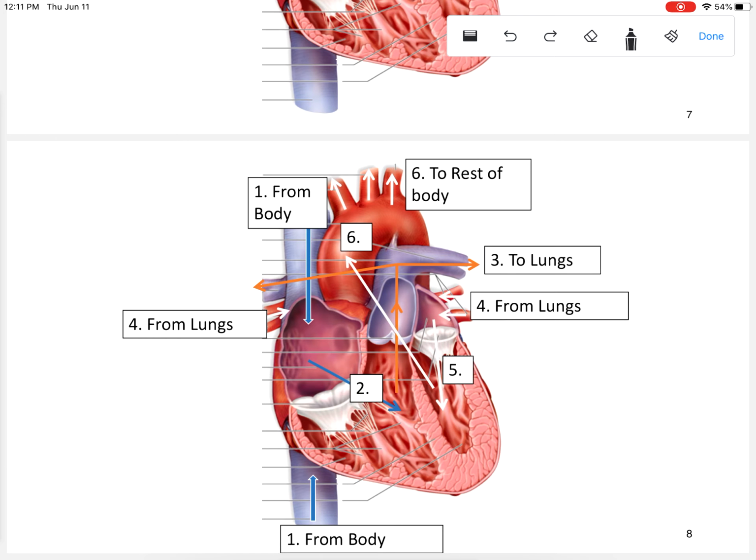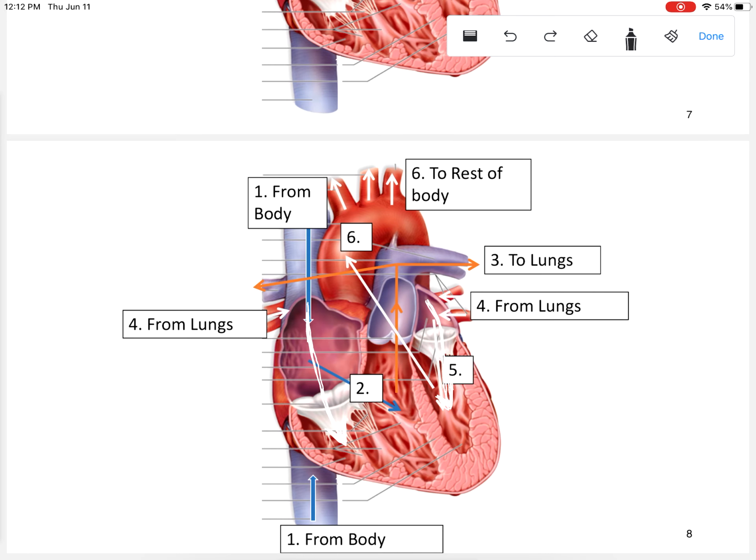Now, even though we went through it, right side, and then the left side, it is true that both sides of the heart are contracting at the same time. So in reality, the right atrial wall that pushes blood from the right atrium into the right ventricle, when the right atrial wall is contracting, the left atrial wall is contracting also.